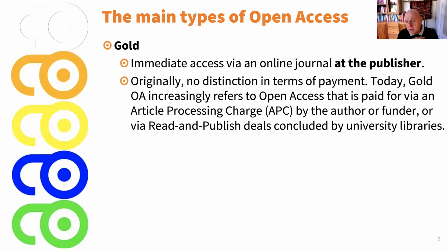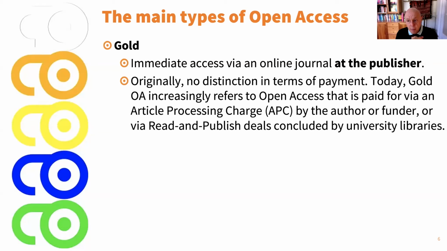This article processing charge is then paid by the author or by the funder, in case you have a funding scheme from a specific funder, or also by university libraries via read and publish deals. Read and publish deals, which I will talk about a little later as well, are deals in which the university makes a contract with the publisher to not only have read access to the publications of that publisher, but also allows the scholars at that university to publish for free in the journals of that publisher.